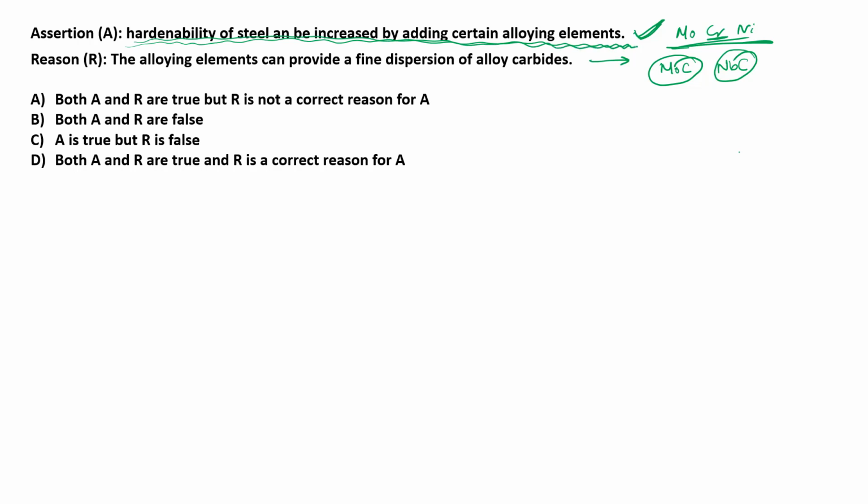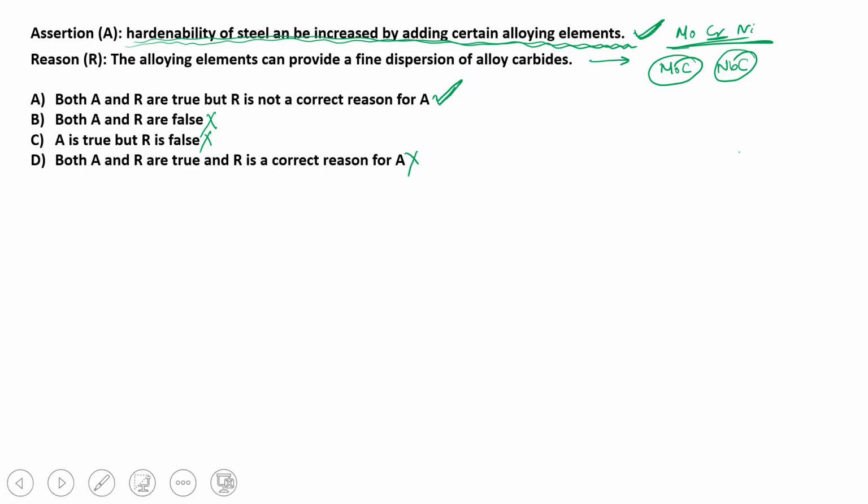When we add the alloying element, it helps in substitutional solid solution, and this allows the martensite to be formed easily. Okay, let's see, both A and R are true, but R is not a correct reason for A. So this is the correct option. Both A and R false? No. A is true, but R is false? No. Both A and R are true? No.